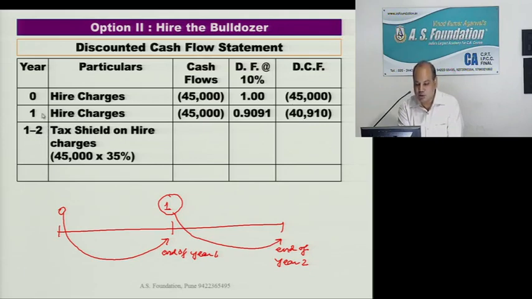So in such problems we will assume if lease rentals are received or paid in advance, tax liability or tax shield will arise at the end of the year. So 1-2 tax shield on hire charges, 35% of 45,000. After doing that, compute the NPV.